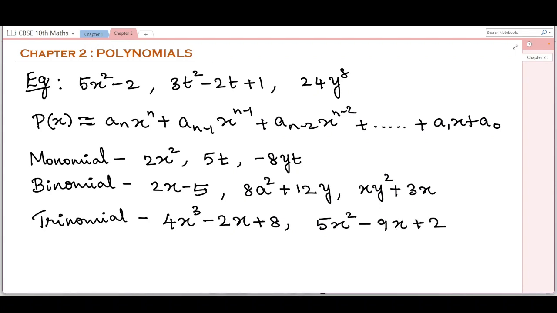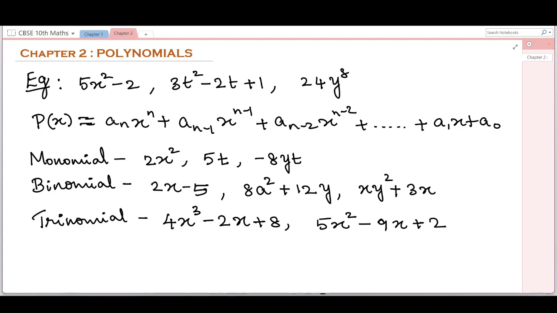So all these expressions have 3 terms, therefore we call them to be trinomials, right? So in a similar way, if the polynomial consists of 4 terms, we call it as quadrinomial, and 5 terms we call it as pentanomial, etc.